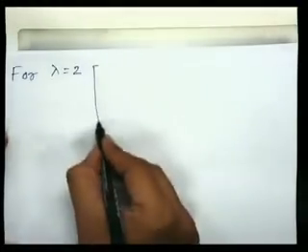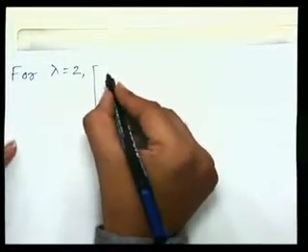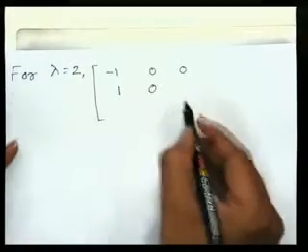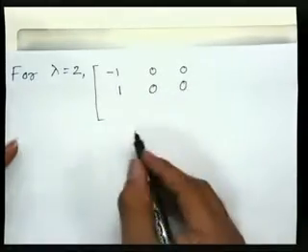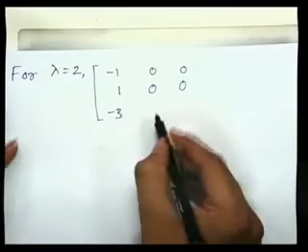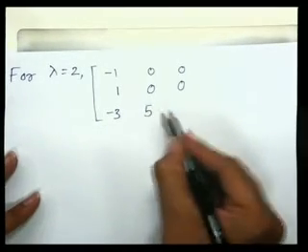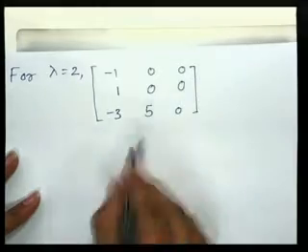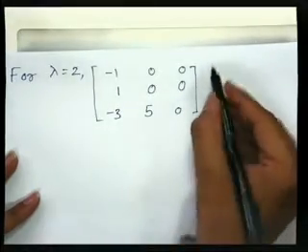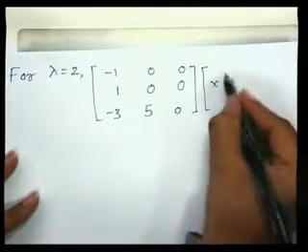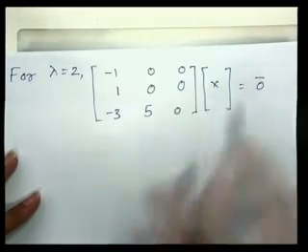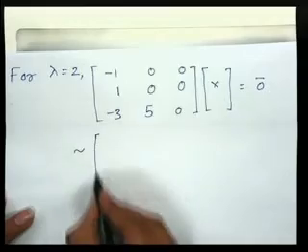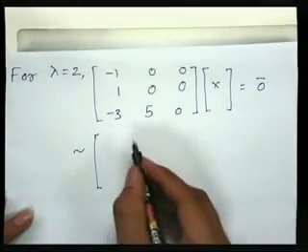The system is 1 minus 2 is minus 1, 0, 0; then 1, 2 minus 2 is 0, and 0; then minus 3, 5, 2 minus 2 is 0, times x1, x2, x3, where the vector x equals the zero matrix. So we find the corresponding matrix.